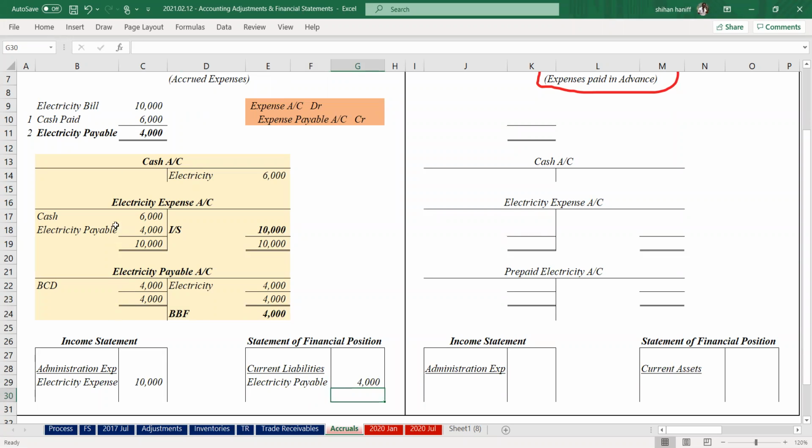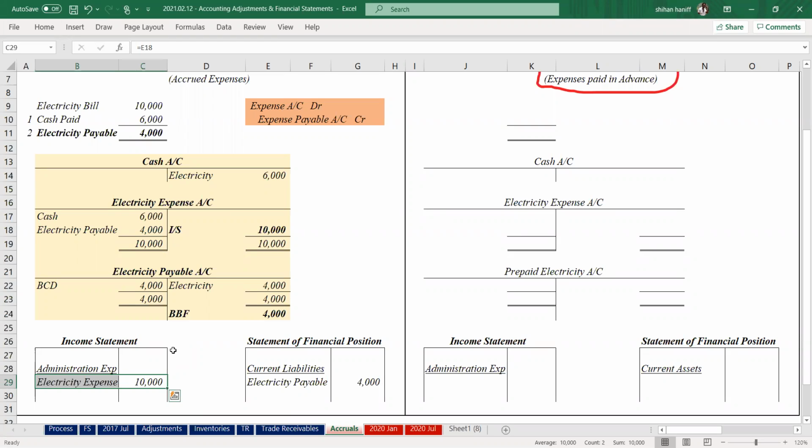So when you have electricity paid 6,000 and payable 4,000, in the income statement you will have the total electricity expense, whether you paid or not, because the income statement is prepared for a specific time period, for the year.